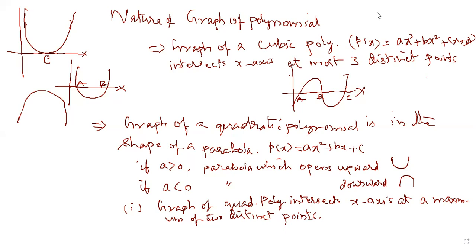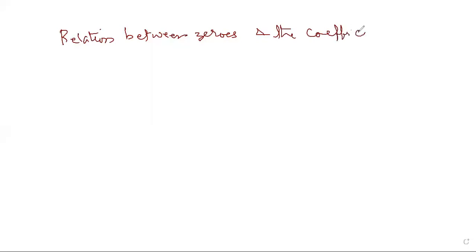The next topic is the relation between zeros and the coefficients of a quadratic polynomial.